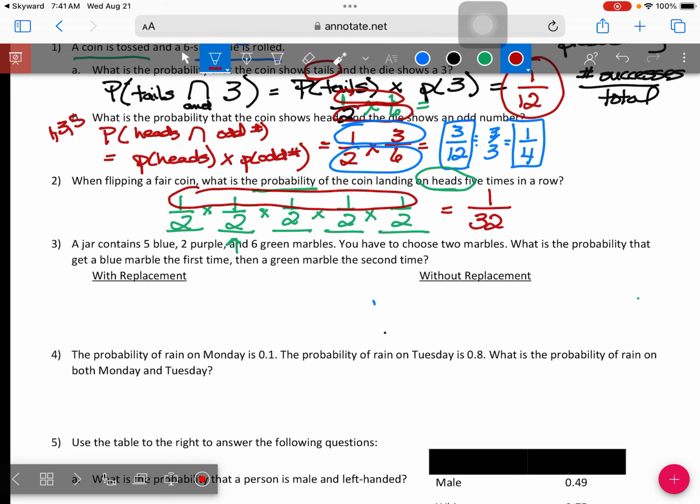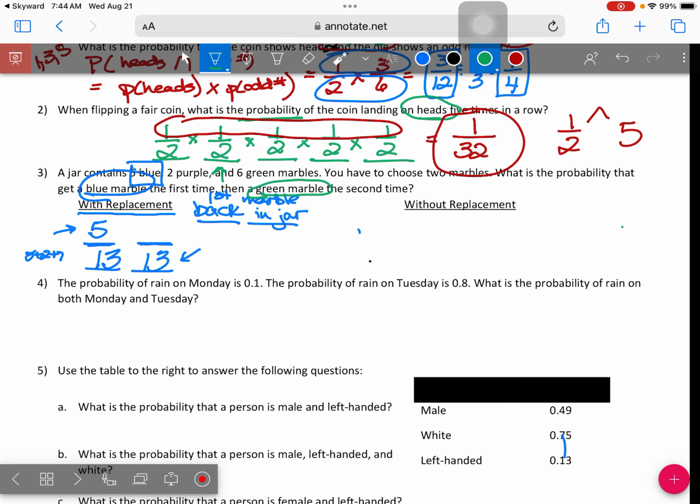No, this time I want a green marble. I want to pick a green marble. So I would have 6. And what do you think I'm going to do with these? We're going to multiply. So 5 times 6, 30, and 13 times 13, 169. That is your probability. With replacement means you put it back in the jar.